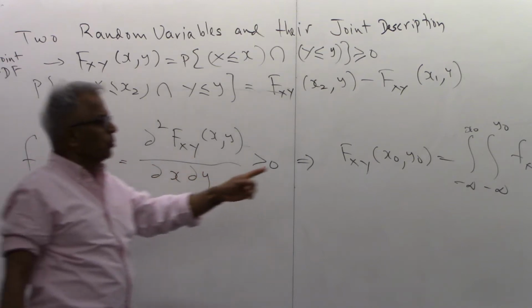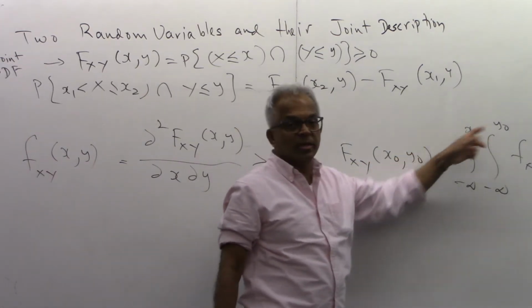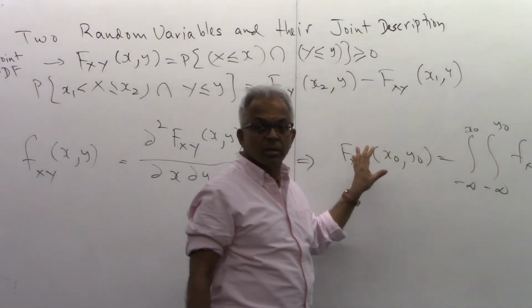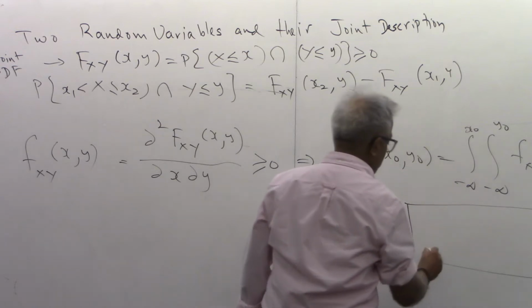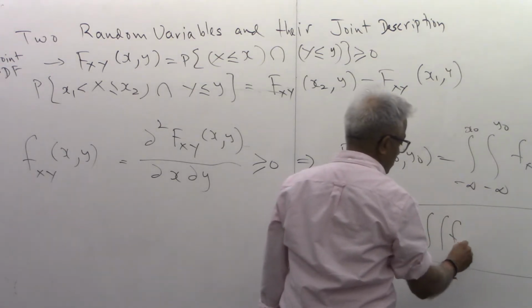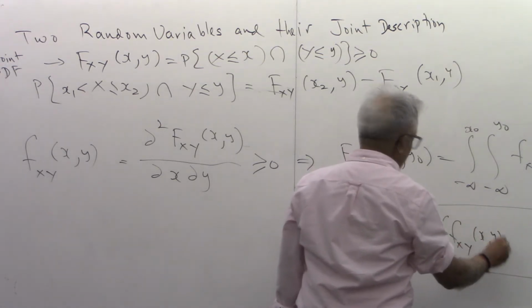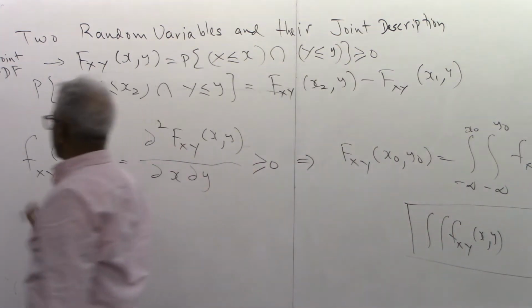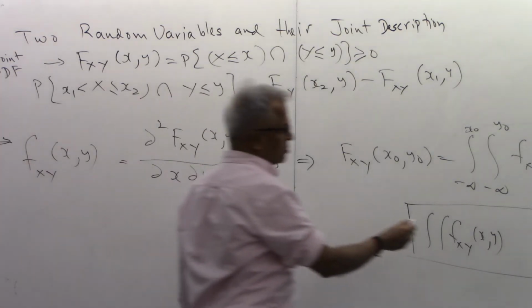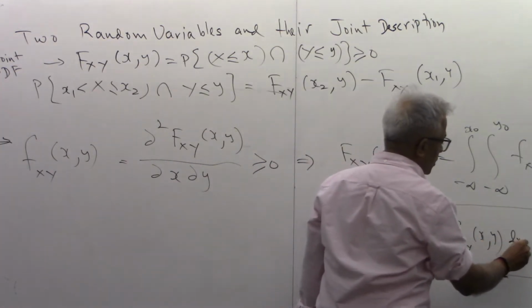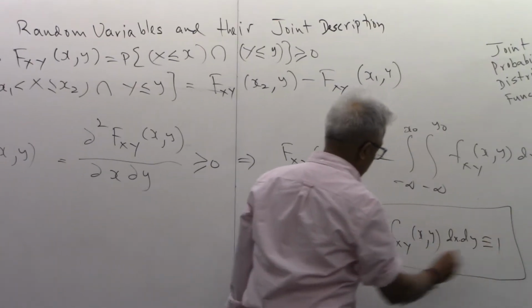So what happens if you put plus infinity here? The value will be 1, so we call this the joint density function, because dx dy integrates to 1.